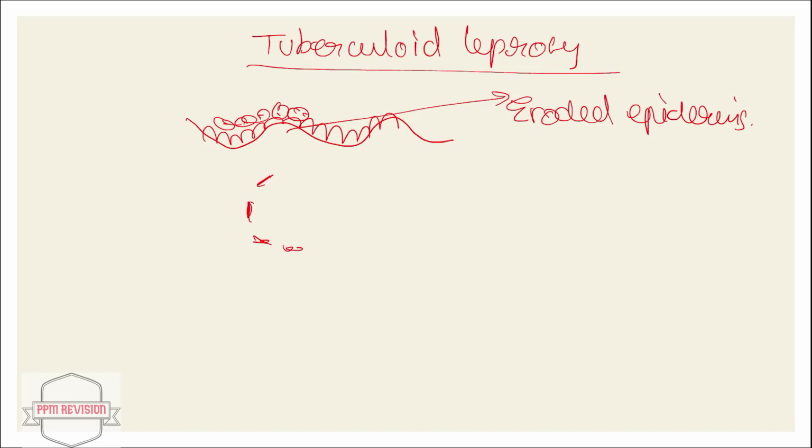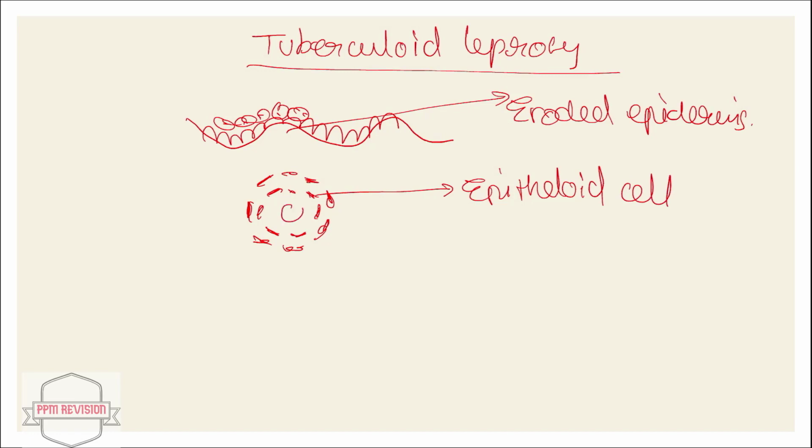Now the same thing as in tuberculosis, we saw the epithelioid cells arranged in this fashion. The similar thing continues here as well. Yes, there are epithelioid cells present. Okay, and then there's also presence of the Langerhans giant cells. Here again we see the Langerhans giant cells.